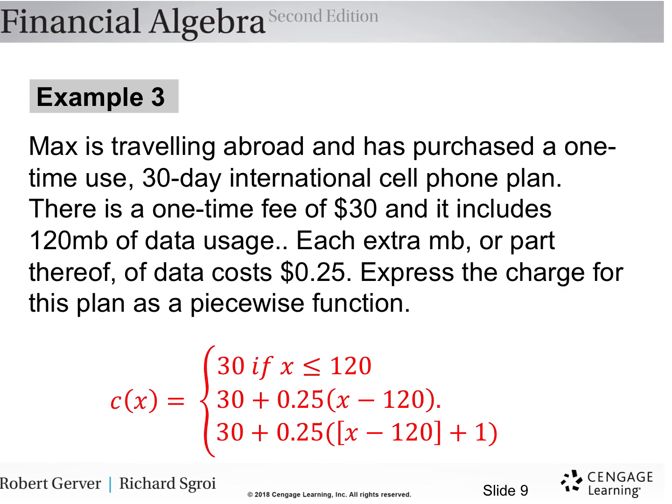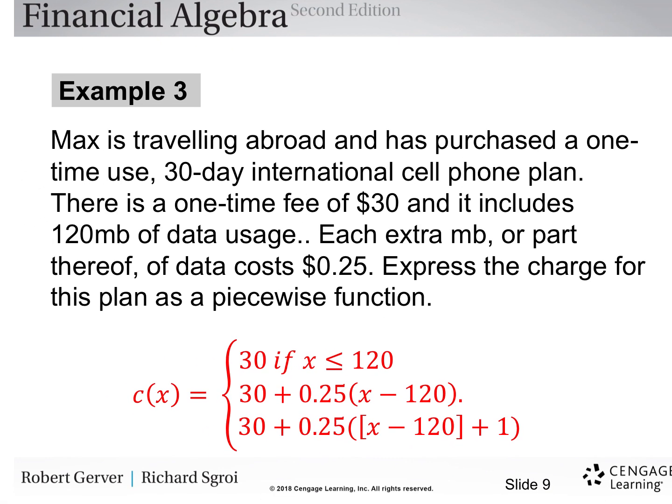All right, so let's say the cost. We're talking about the cost of the plan here. So the cost is equal to 30 if the amount of usage is less than 120. That's this figure over here: it's $30 and it includes 120 megabytes of data. If we're more than 120, then the charge is 30 plus 0.25 of the amount over 120.